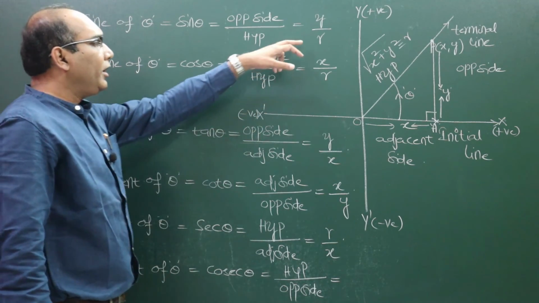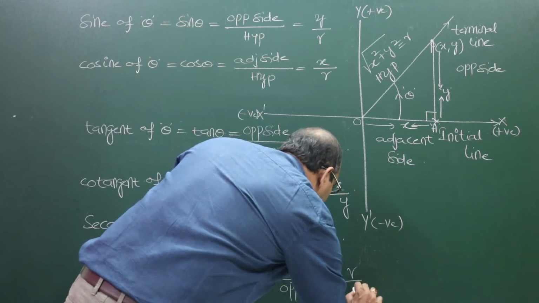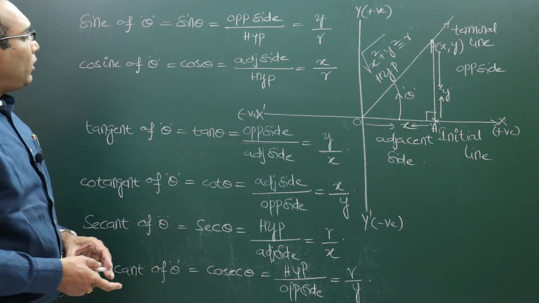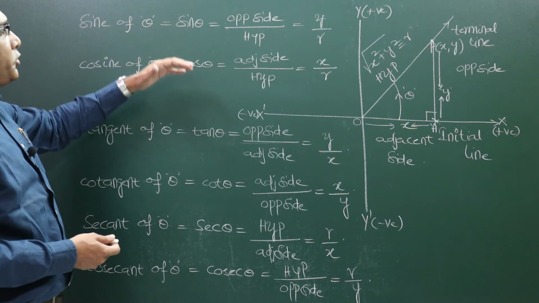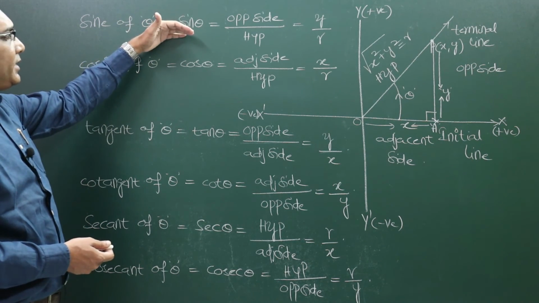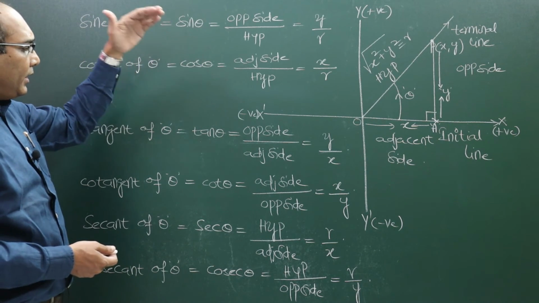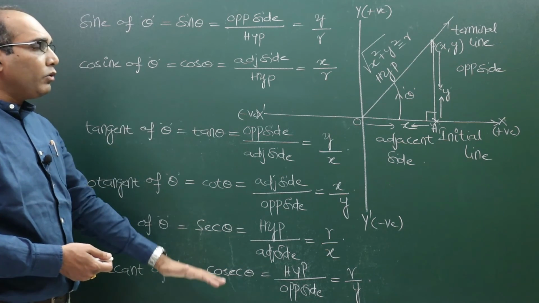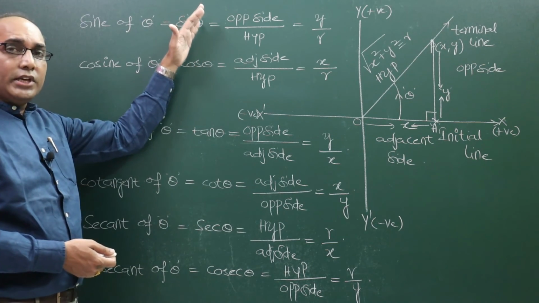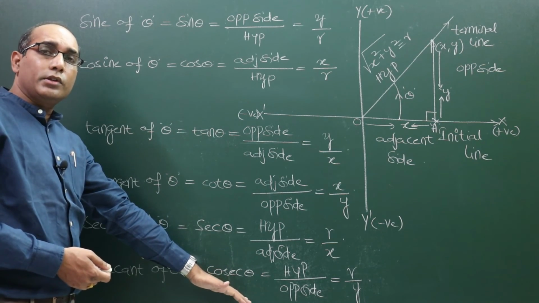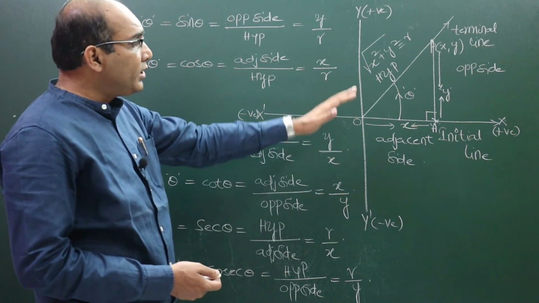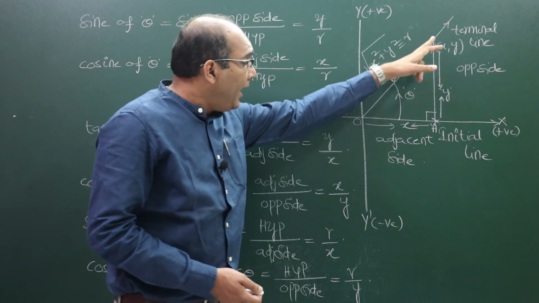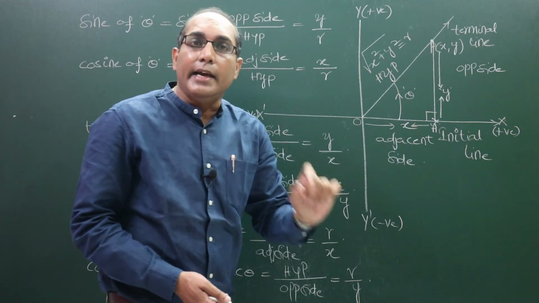So what is the hypotenuse over here? r by y. Now we got all the 6 trigonometric ratios. First one is sine theta, second one is cos theta, next one is tan theta, cot theta, secant theta and cosecant theta are the 6 trigonometric ratios. I am defining them by using the angle of reference, in fact acute angle made by the terminal side with the x-axis.